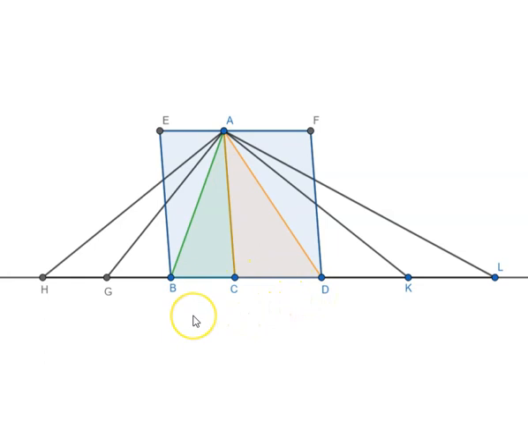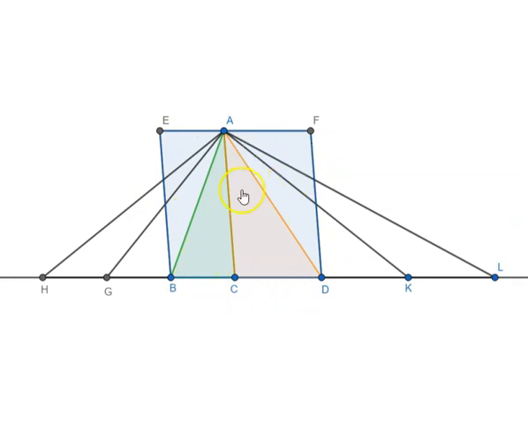So we can say if CD is greater than CB, then triangle ACD is greater than ACB. Same is the case with equal to, less than. So we can say CD is to CB as triangle ACD is to ACB. So we have shown that the triangles under the same height are to one another as their bases.